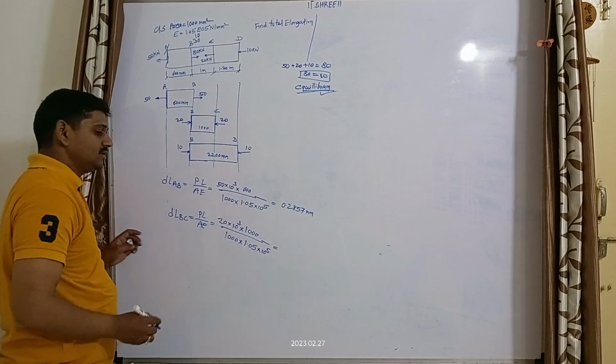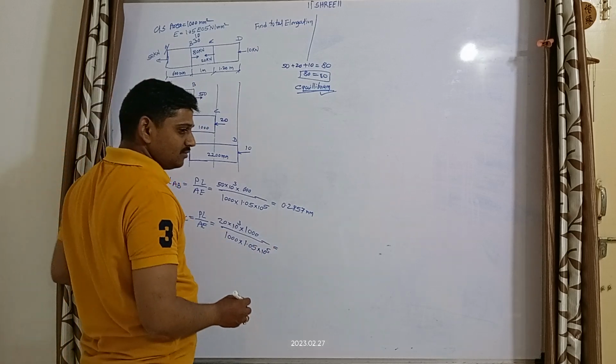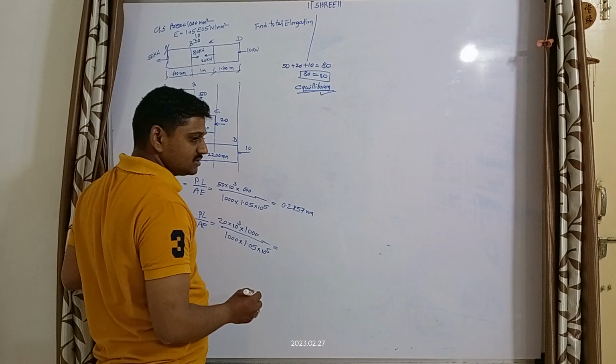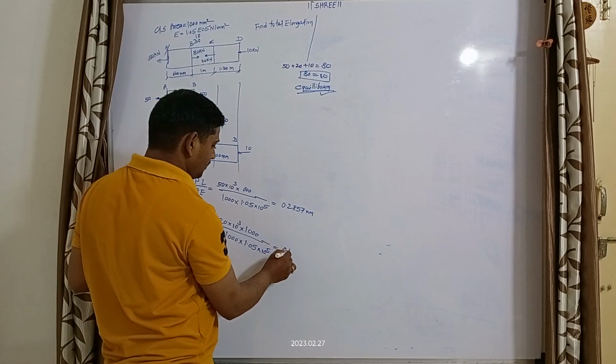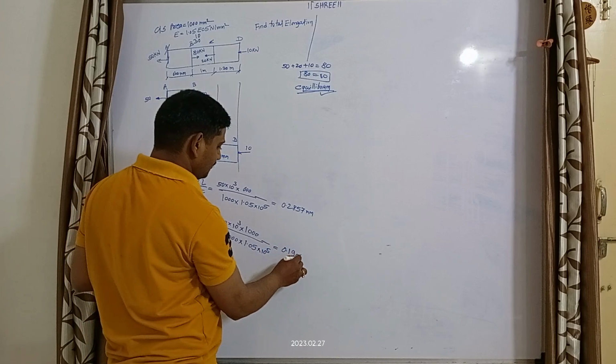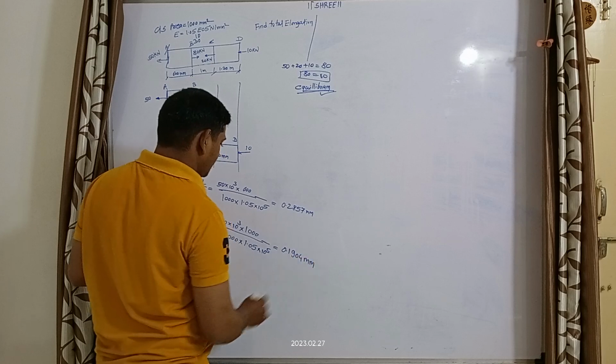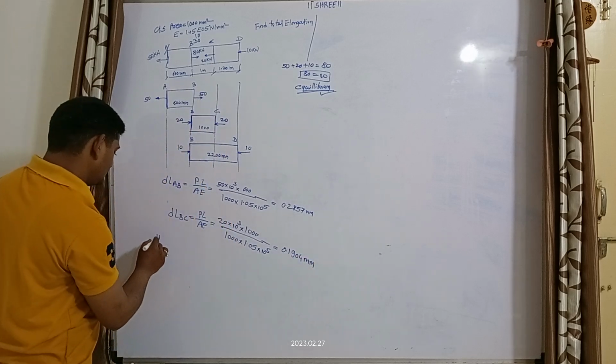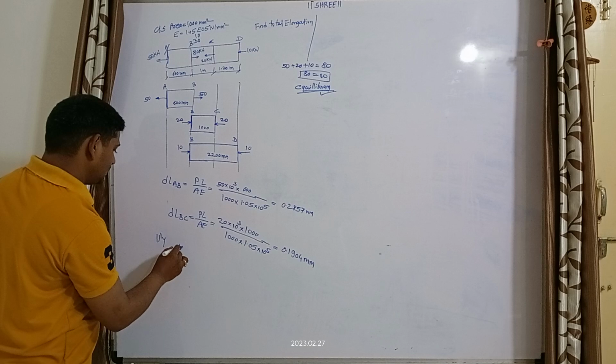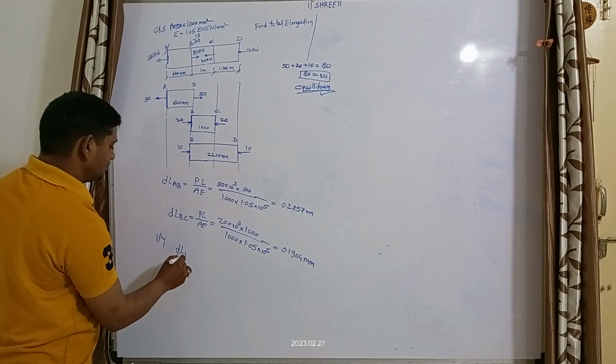We can calculate in our calculator. The value of change in length for BC is given as 0.1904 mm. Okay, and similarly we can calculate the change in length for BD section.